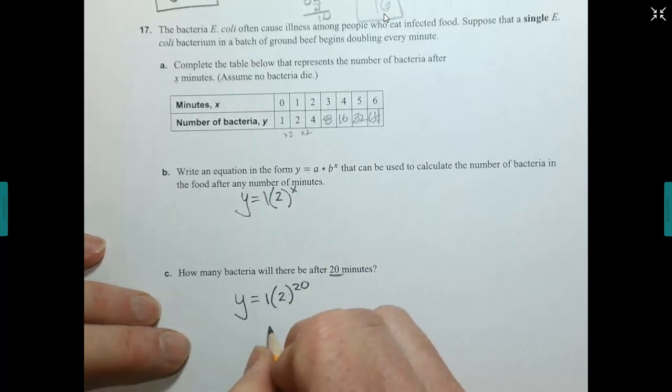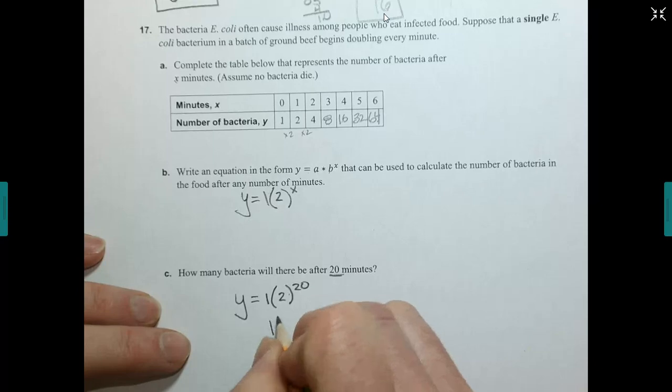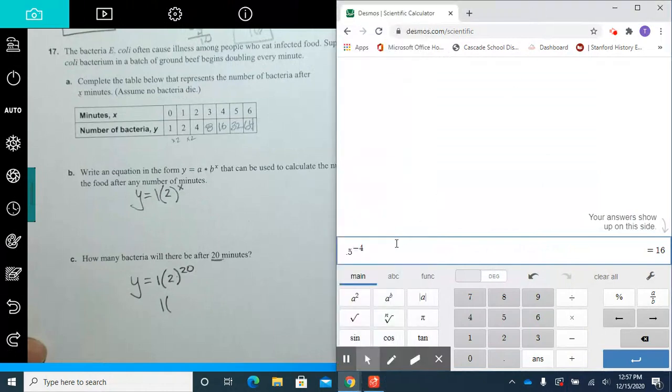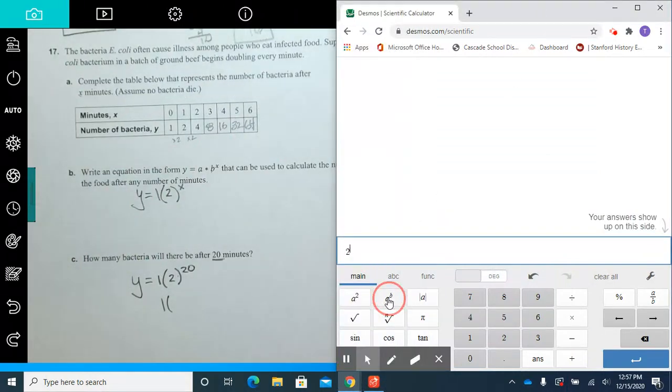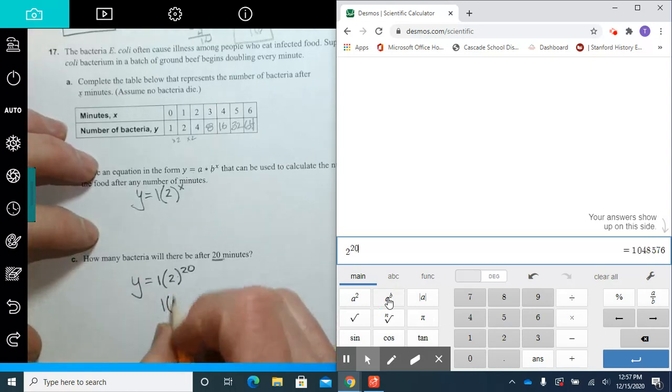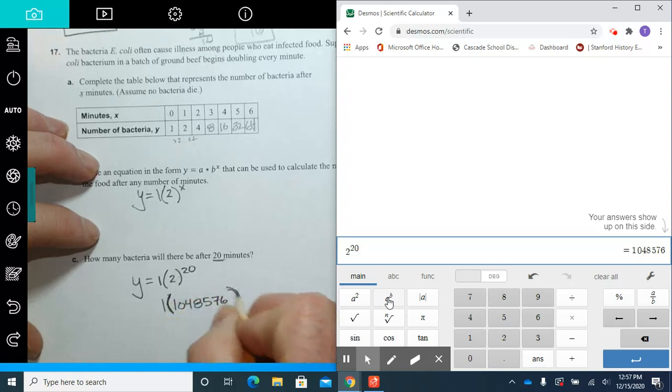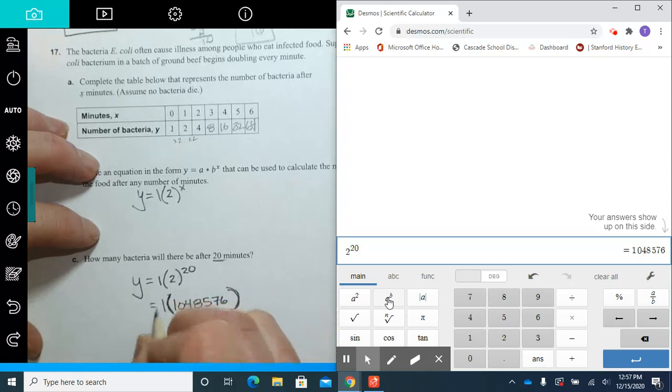So we have 1 times 2 to the 20th. I'm not going to do that by hand. That's too many. So let's go 2 to the 20th. 1,048,576. And what's 1 times anything? Well, that's what it is.